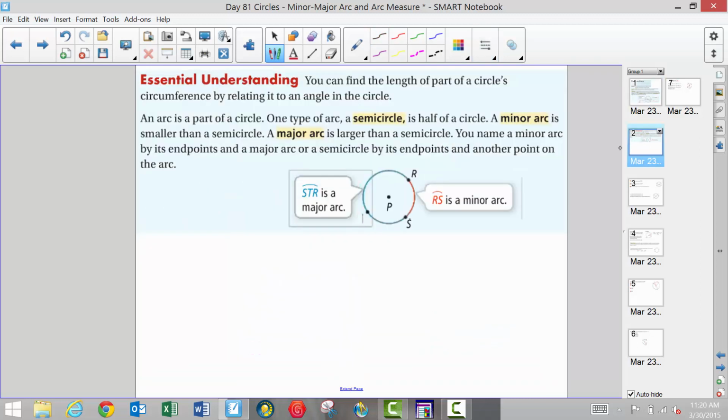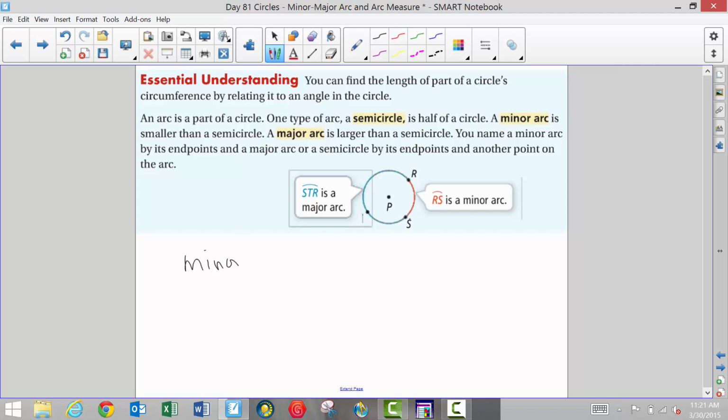You can find the length of a part of a circle's circumference by relating it to an angle in the circle. A minor arc of a circle is greater than 0 but less than 180 degrees.